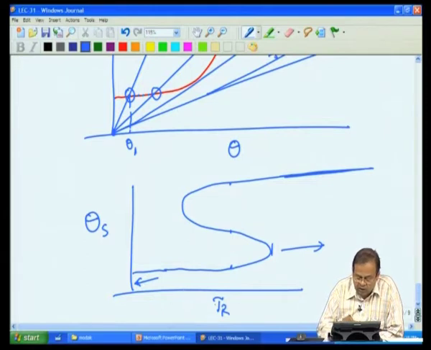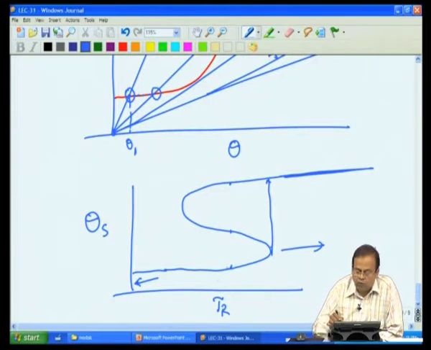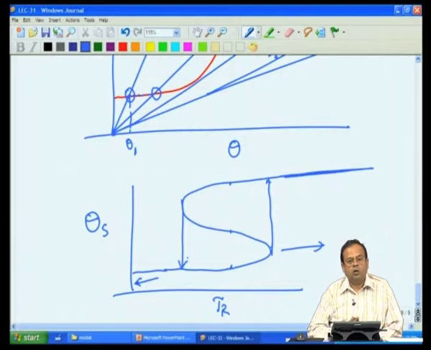With increasing residence time, up to this point we are on the lower branch, then suddenly we will shift to the higher temperature solution behavior, and if we are decreasing the residence time, we will be on this particular branch of solution, but after this point we will suddenly shift to a lower branch.